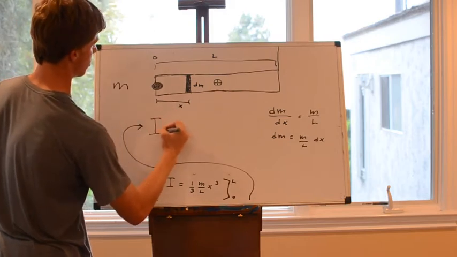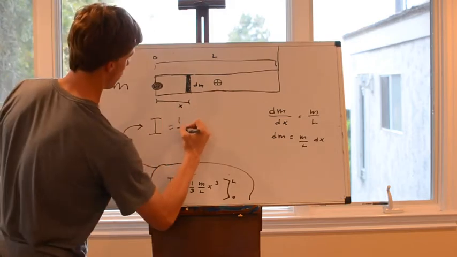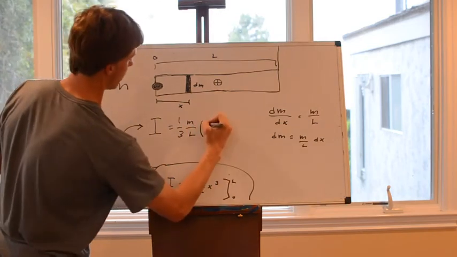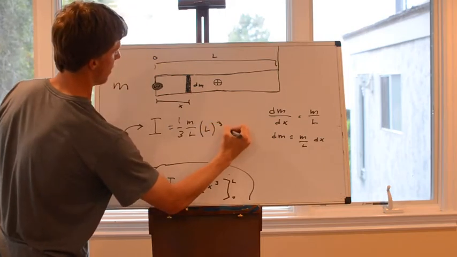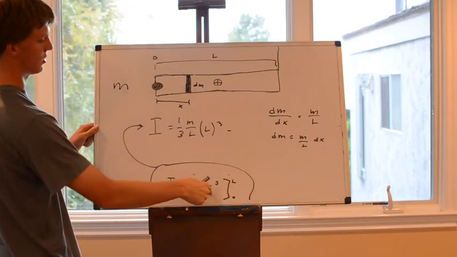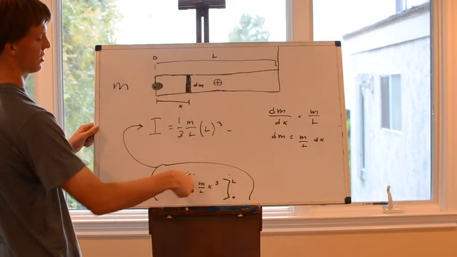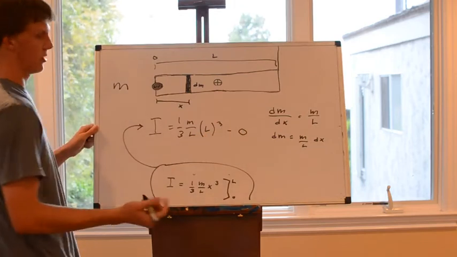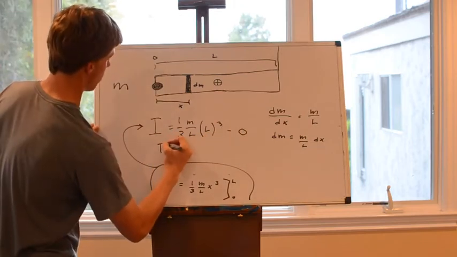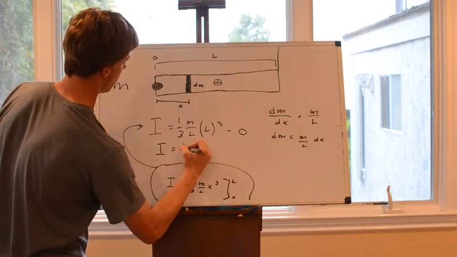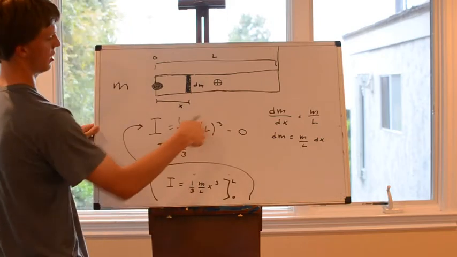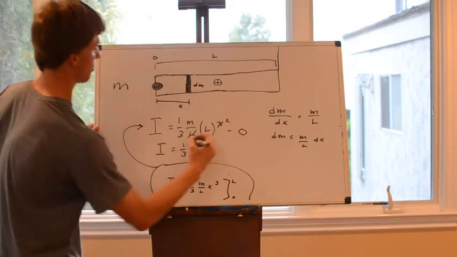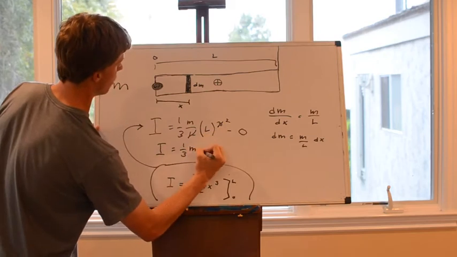The rotational inertia is equal to 1/3 m over L, and now we're going to plug L in, and then if we plug 0 in as well into this function, 0 in for x is just going to make this entire thing 0, so we're subtracting 0 from this, as we know when we integrate. So our inertia is equal to 1/3, and as you can see right here, one of these will cancel out, so our inertia will equal 1/3 mL squared.